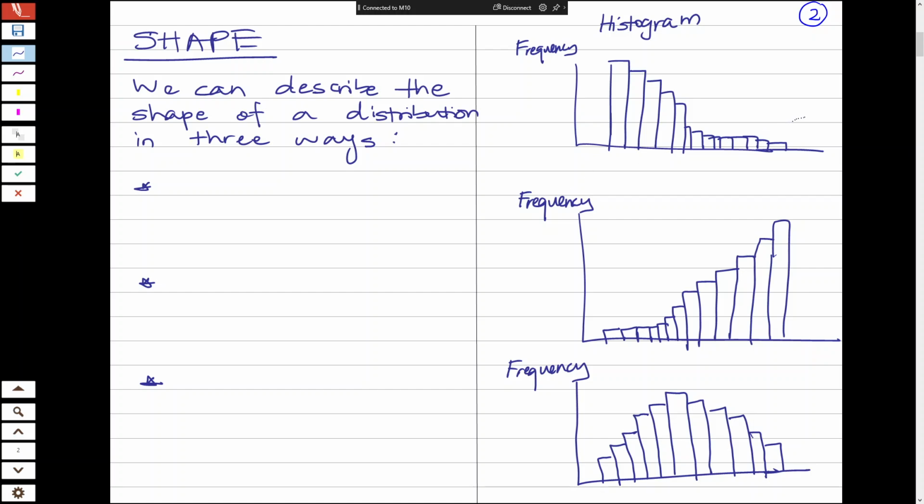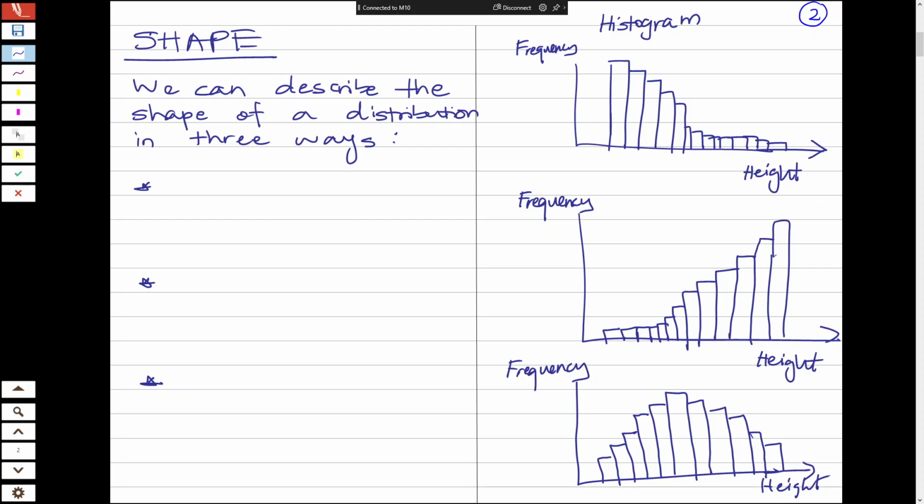Let's imagine I took the heights here. So as I go to the right in each picture, I'm saying that the people are taller. So let's go with you, Maddie. Have a look at this first picture here.